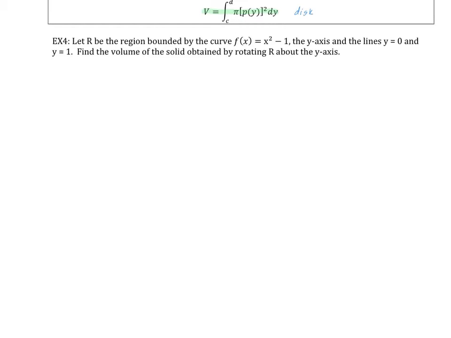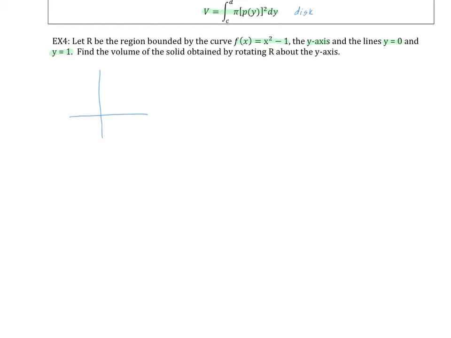Our region is going to be the curve x squared minus 1. It's going to be bounded by the y-axis, the line y equal to 0, and the line y equal to 1. So first off, I want to sketch that. x squared minus 1 is a parabola that opens up.